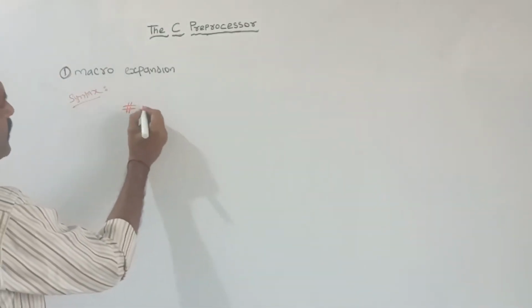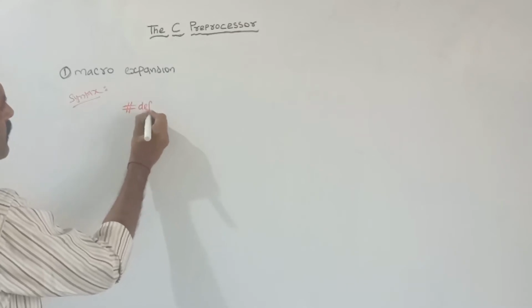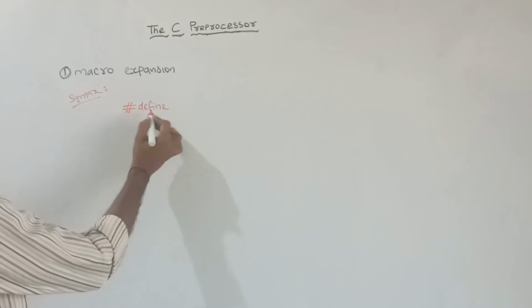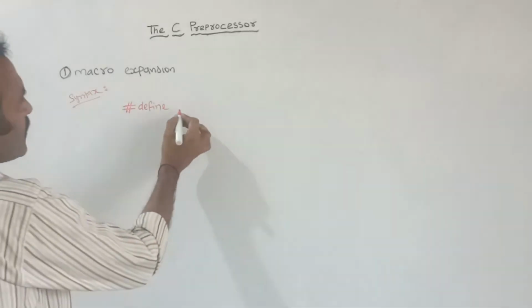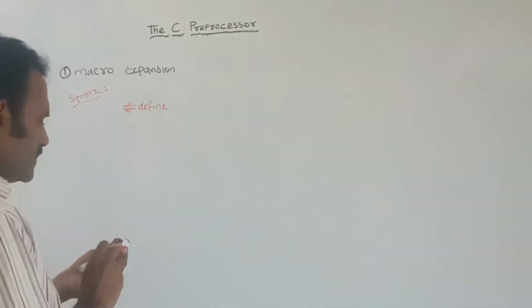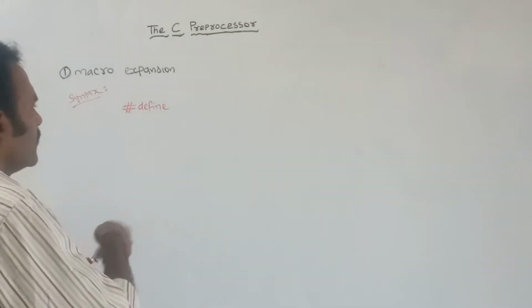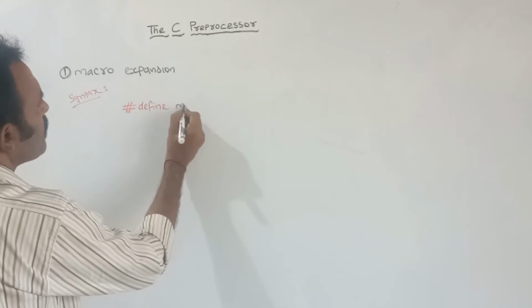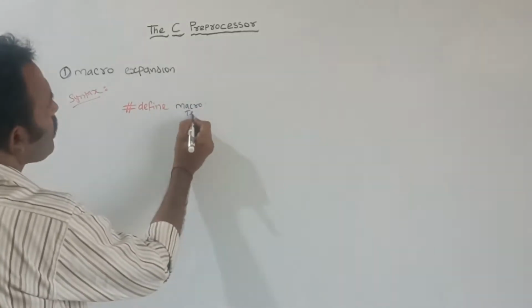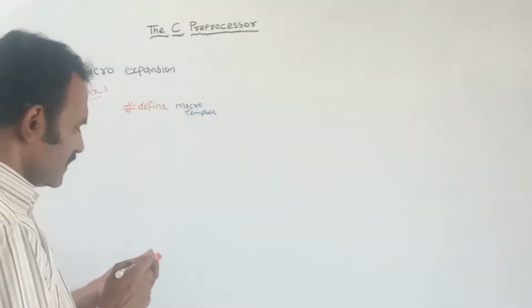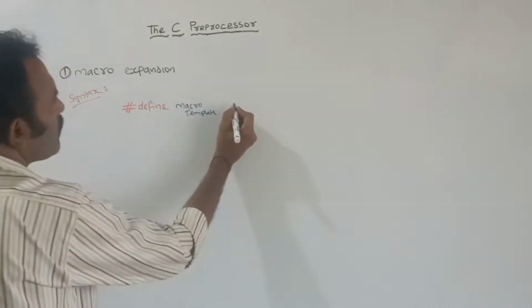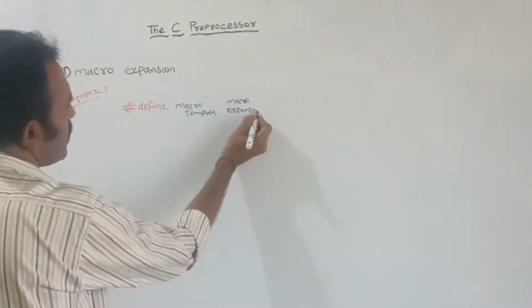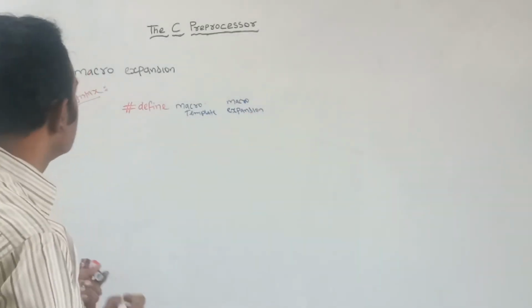After that, define. For macro expansion we should use the # symbol and define. Next, this is known as the macro template. Here we can define the macro template. After that, the macro expansion. This is the definition.